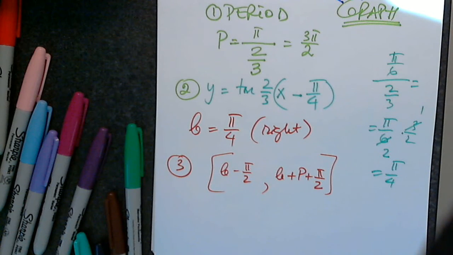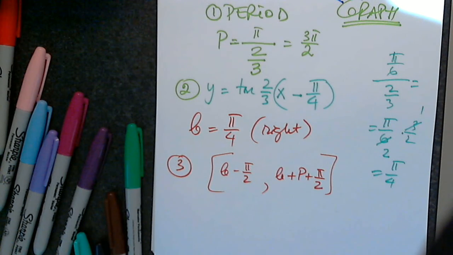That would be pi over 4 plus 3 pi over 4. So that's just pi. Good enough. And with a scale of pi over 4, that's good.